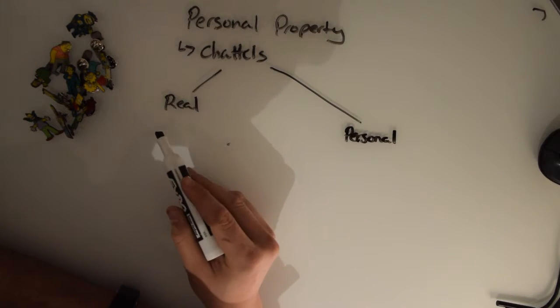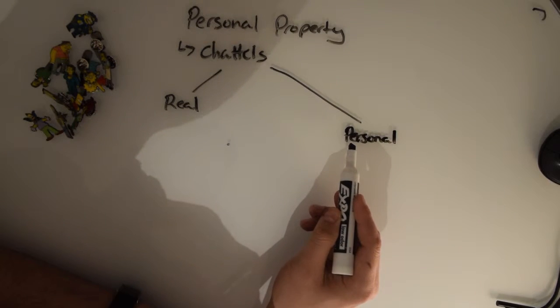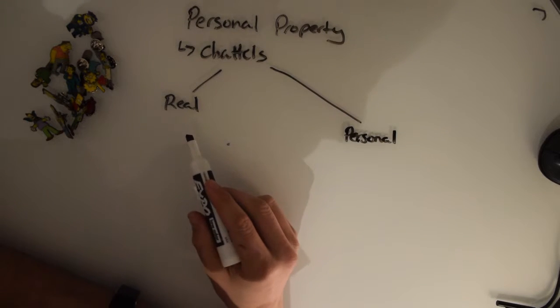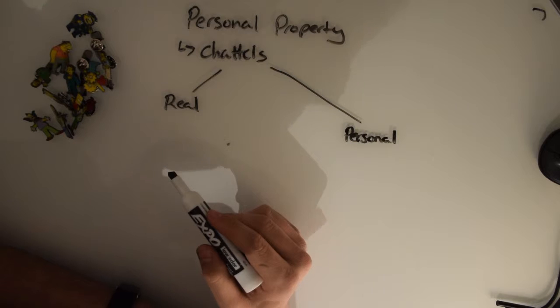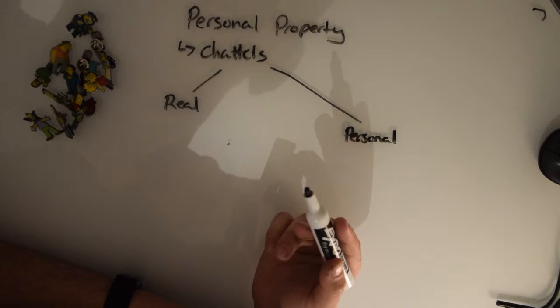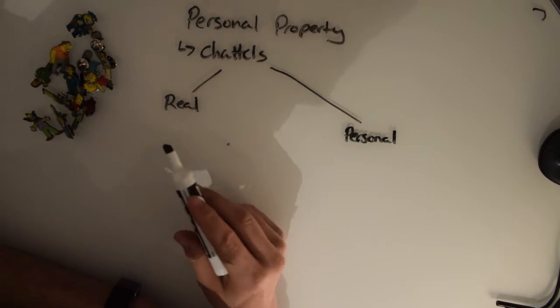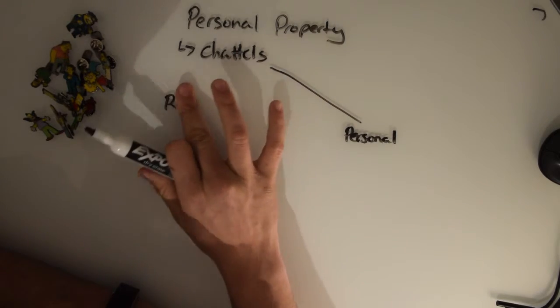Now, real chattels are a hybrid between personal and real property. So real chattels, for example, would be a leasehold, because that's a right in property, but it's not complete ownership. Real chattels are a smaller area of property law.